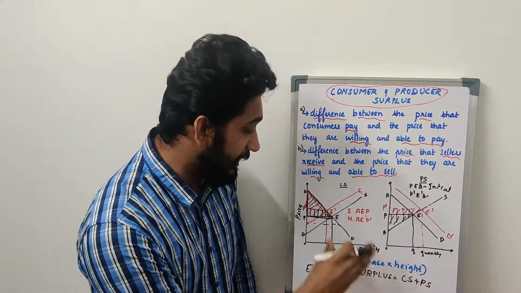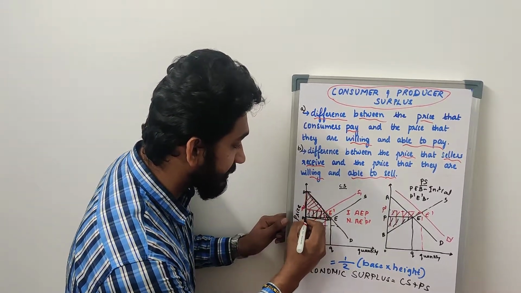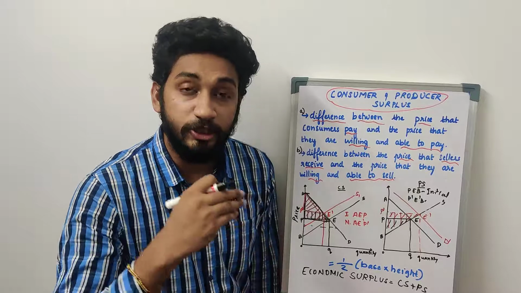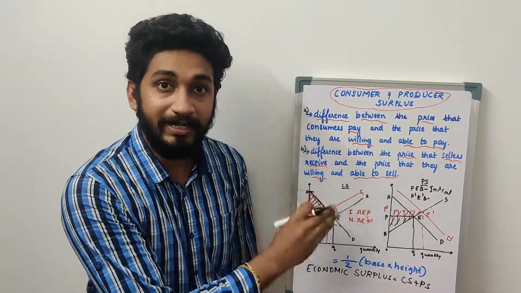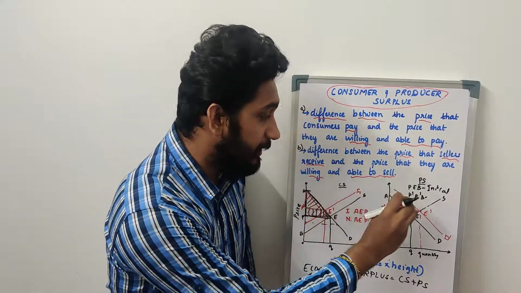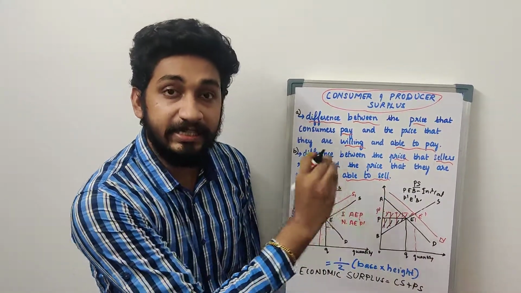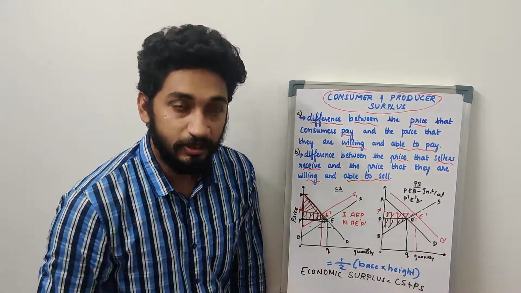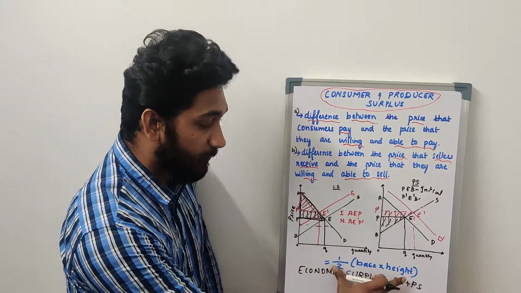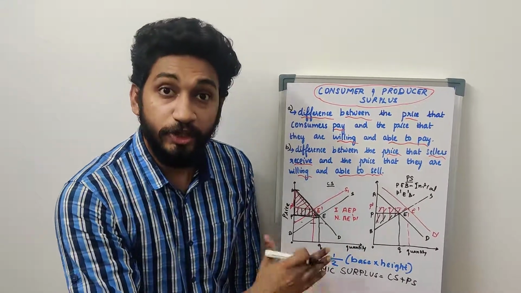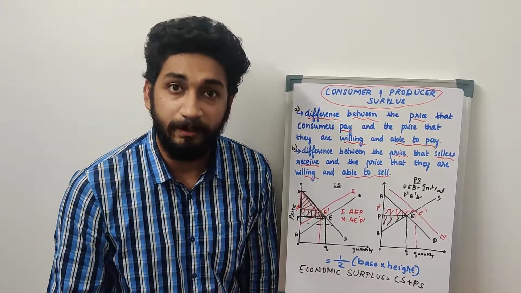While calculating height, make sure that you find the difference between the price that you actually pay and the maximum price in the market for consumer surplus, and the minimum price of the product and the price that the sellers get in the market for producer surplus. When you put that number in the formula half base into height, you figure out what the consumer surplus and producer surplus are in the economy.